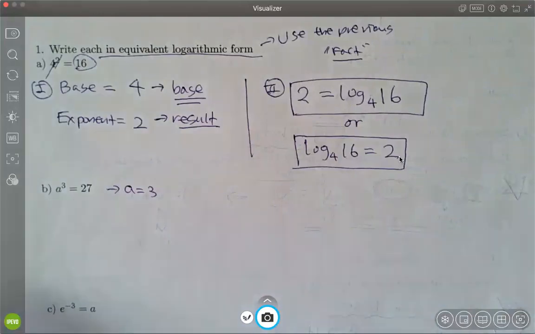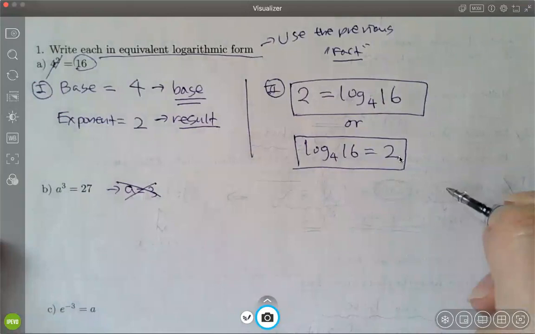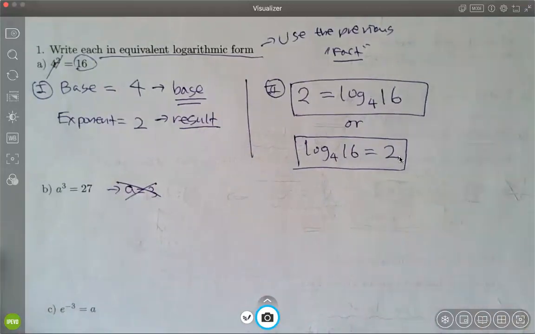Yes, I'm impressed by your brilliance, but that's not the point of this problem, right? You have to write this into logarithmic form, which you didn't even write an ink of. So what do you do? Well, do the same thing.